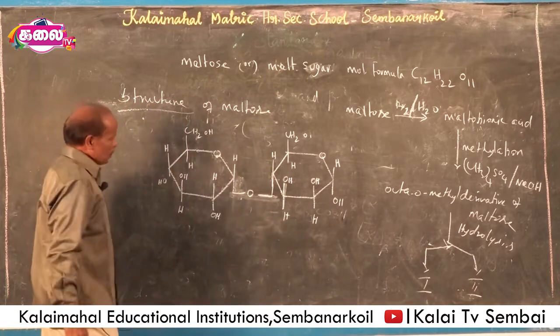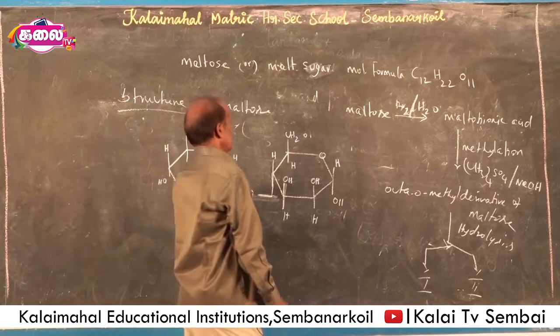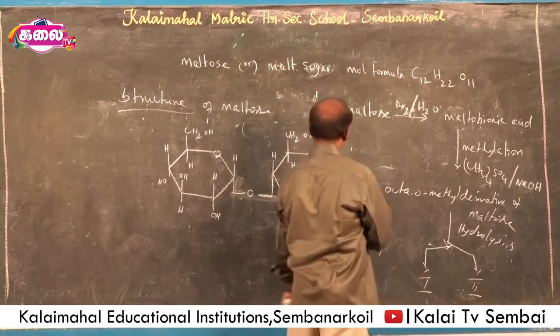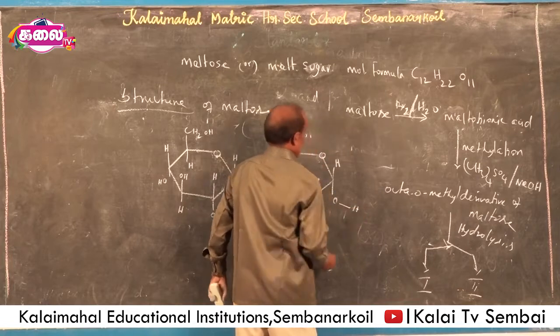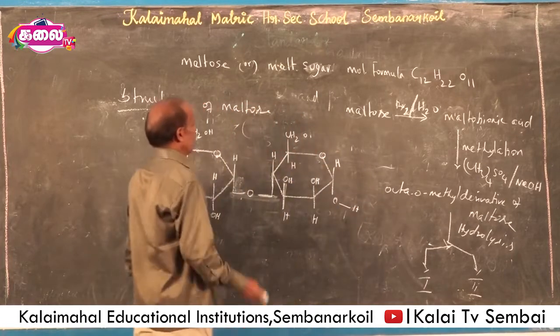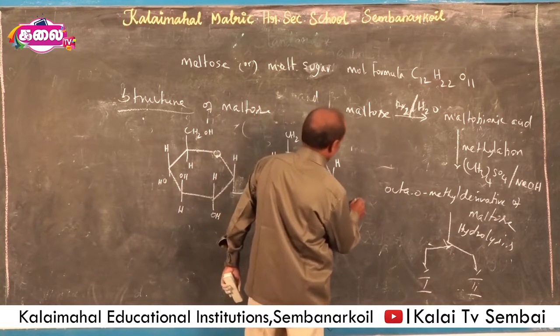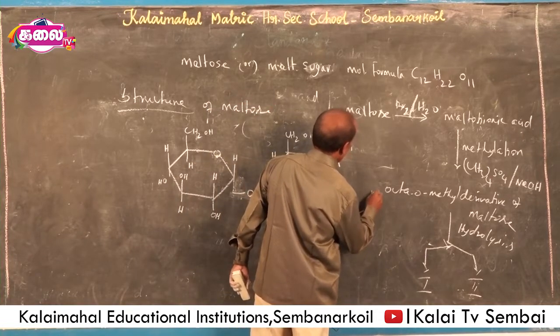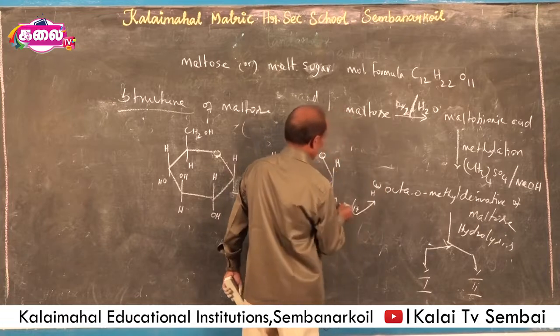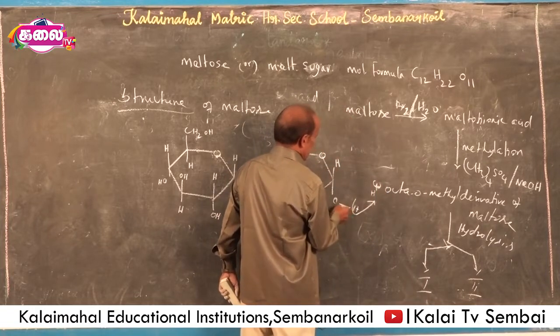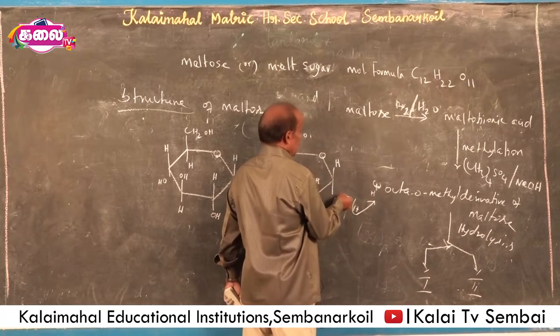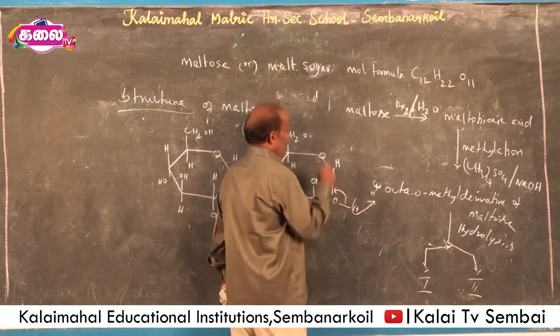So, this is maltose. Maltose may undergo a kind of rearrangement or tautomerism, where hydrogen may be released as an H plus ion. Then this pair of electrons shifts to the carbon-oxygen bond.